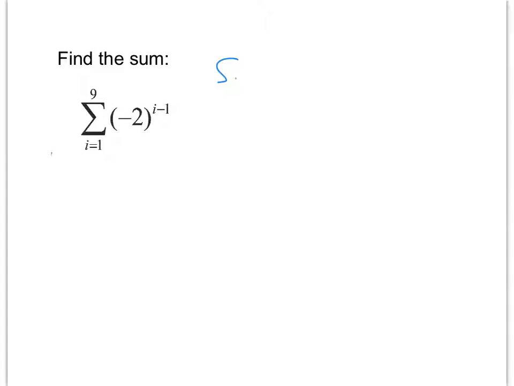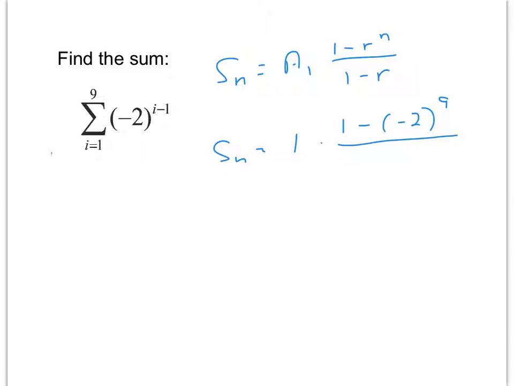So if we want to use our formula, we're going to write S sub n is equal to our formula, which is a sub 1 times 1 minus r to the n all over 1 minus r. So our a sub 1 we said was 1, so S sub n is equal to 1 times 1 minus negative 2 raised to the 9th power all over 1 minus negative 2, because our r was negative 2.